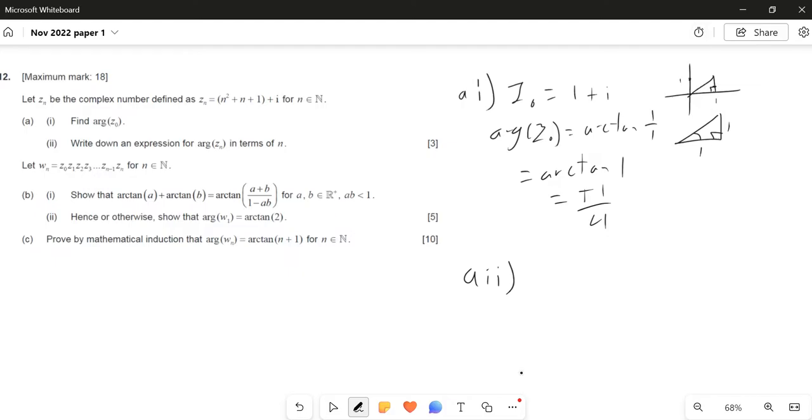So it'll still be the opposite divided by the adjacent, except our adjacent this time is going to be n squared plus n plus 1. So arg z_n equals arctan 1 over n squared plus n plus 1.